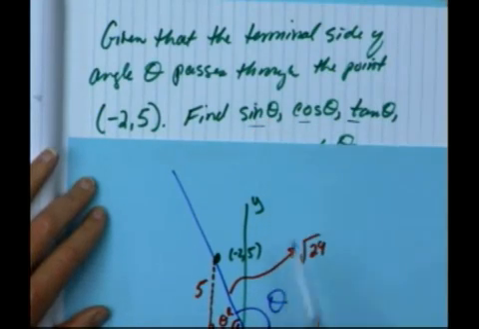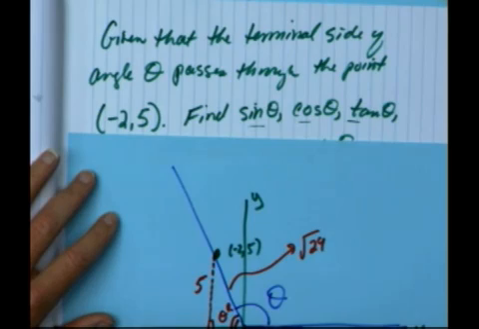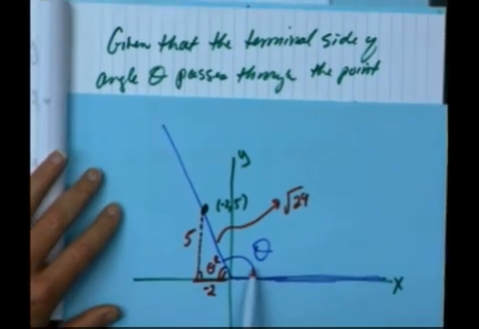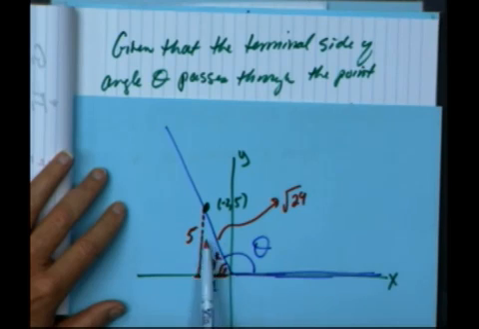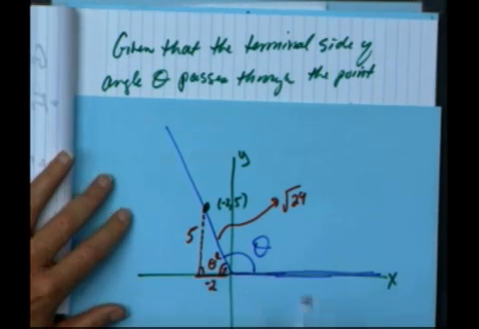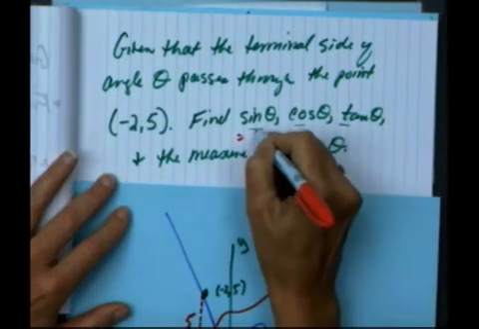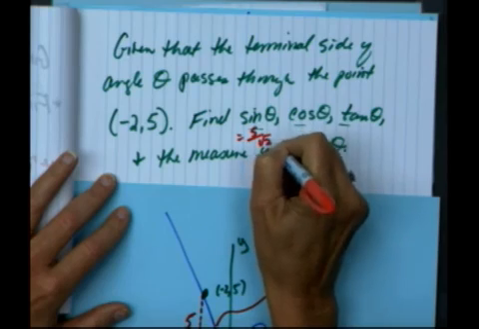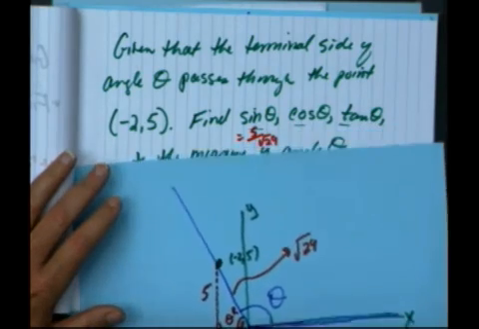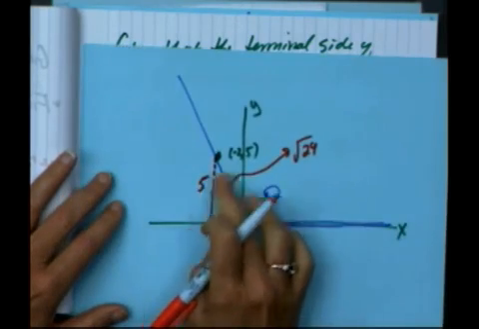What is going to be the sine, S-I-N, of that big angle theta? And everybody says, what's the sine of the big angle theta using your reference triangle to help you? 5 over the square root of 29. Okay. Opposite over hypotenuse.